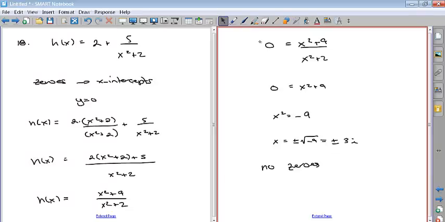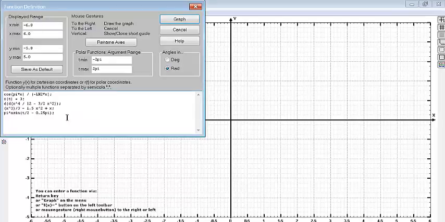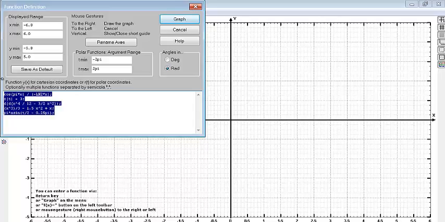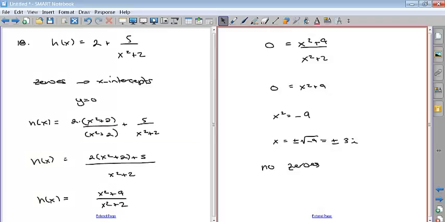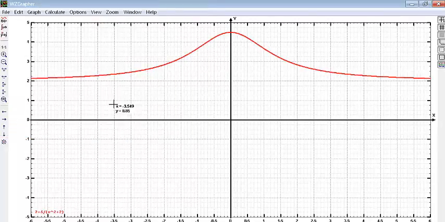So let's go ahead and plot this function in the original form, 2 plus 5 divided by x squared plus 2. I think that's right. Yep. Okay, so we graph this thing, and what it looks like is that.